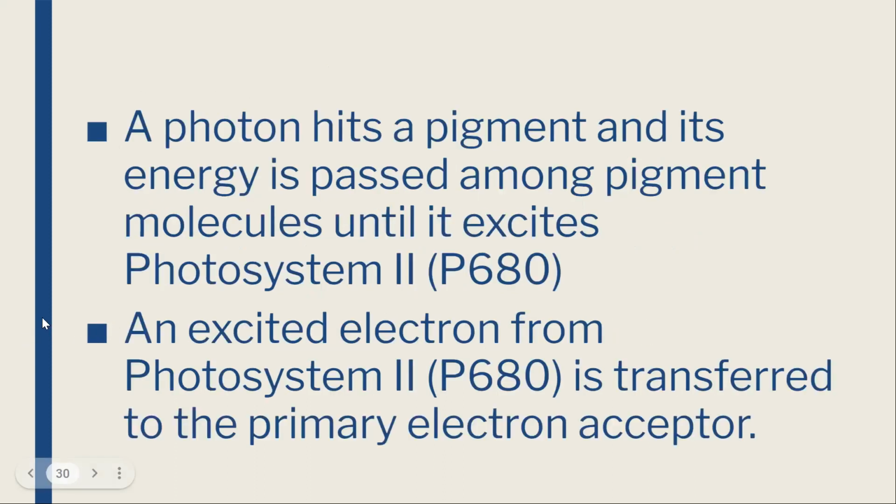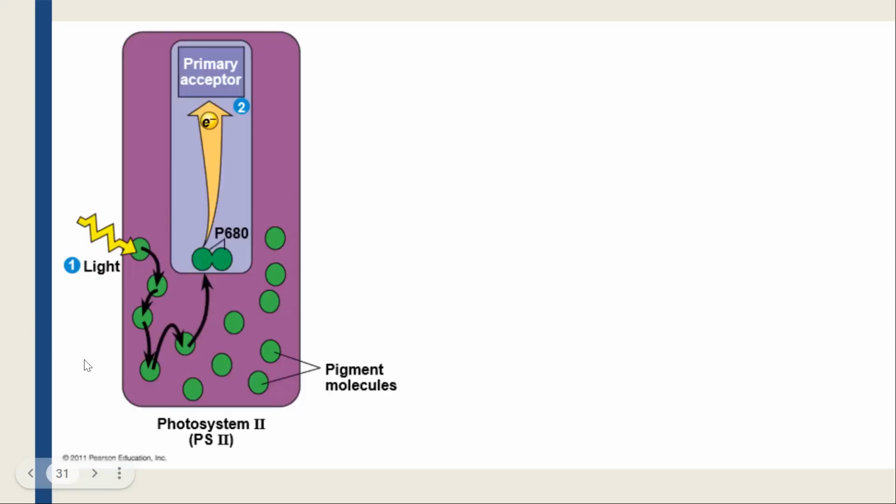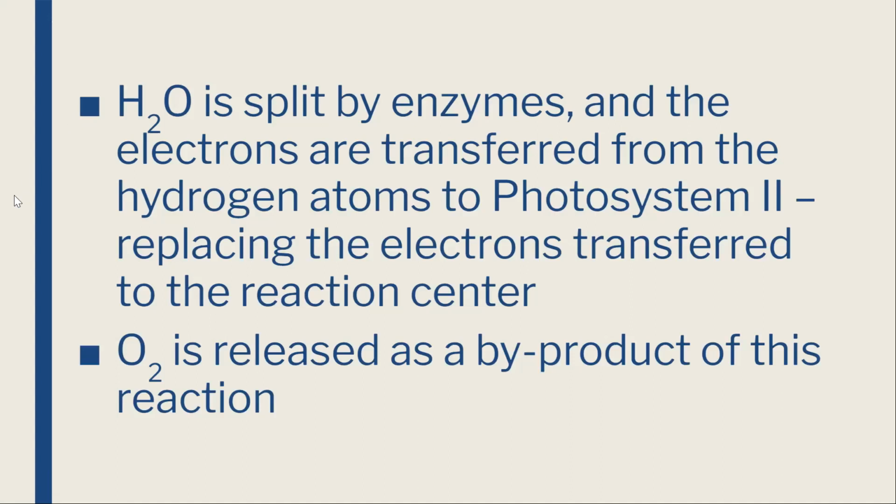So if we take a quick look at each of those photosystems, the first photosystem again is photosystem 2. So the light is going to excite all of those pigments, and they're going to get an electron excited. Then, because that electron gets excited and goes to the primary electron acceptor, we have to replace that electron. And the way we replace that electron is we take the water and we split it. And of course, there are enzymes that are going to do that.